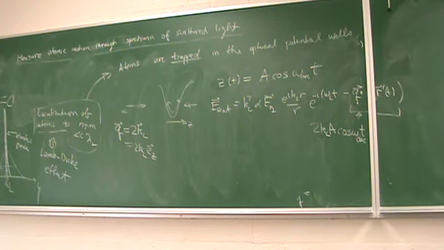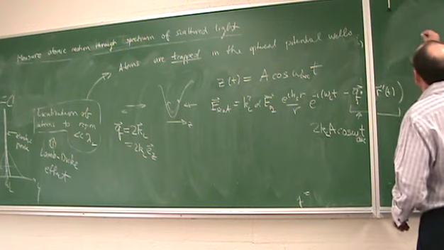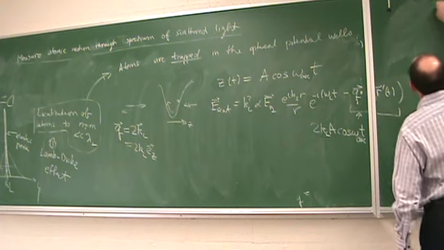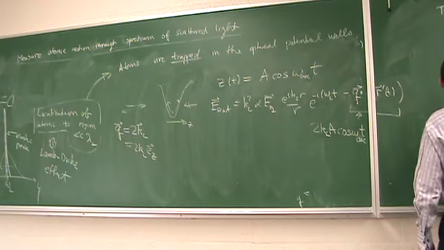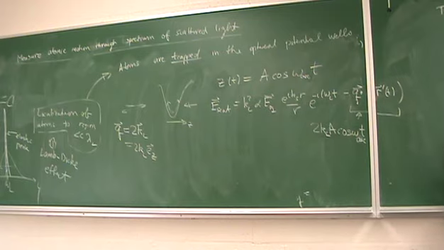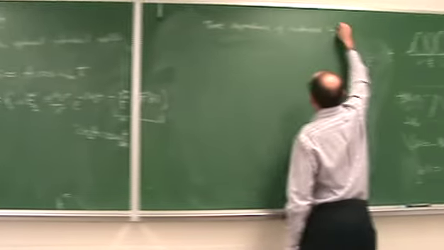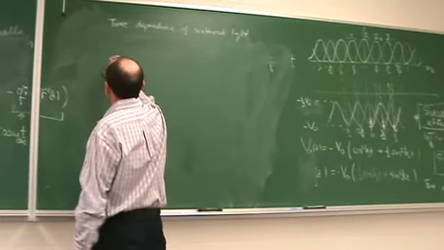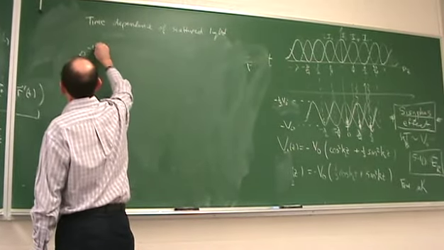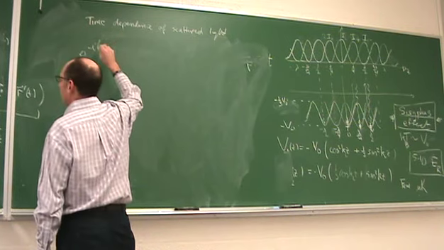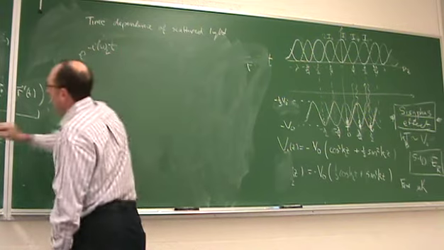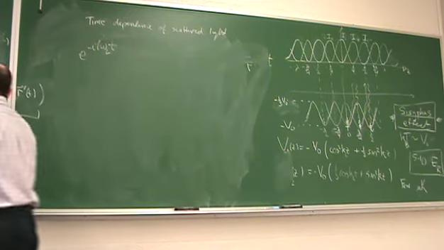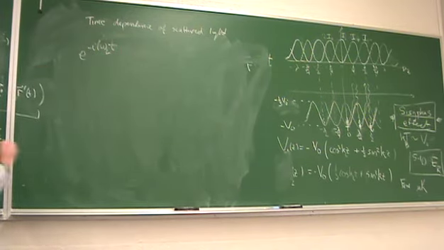So let's put that together. The time dependence of the scattered light is of the following form. Let me call this factor eta.